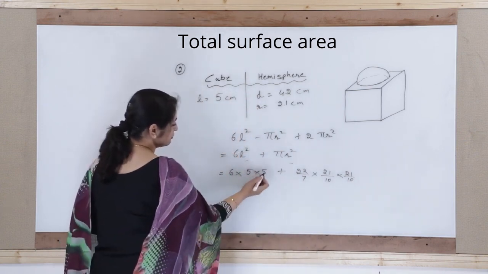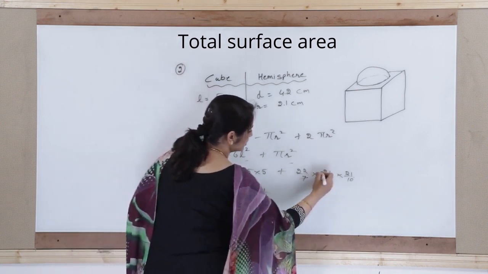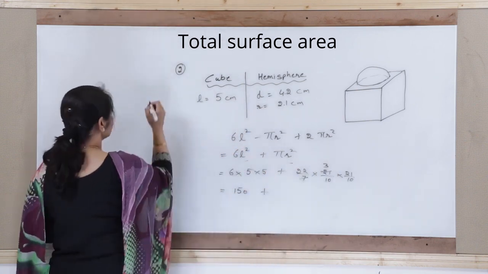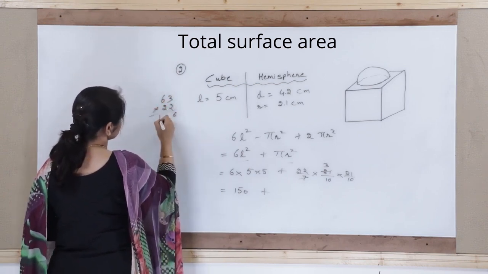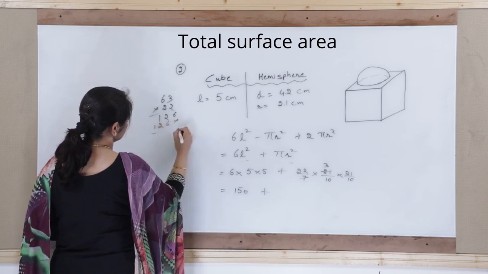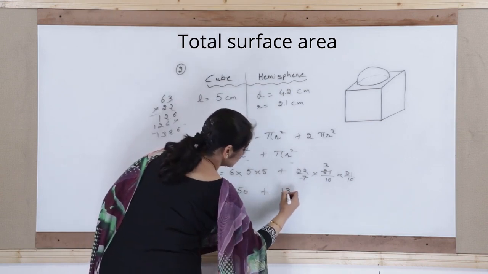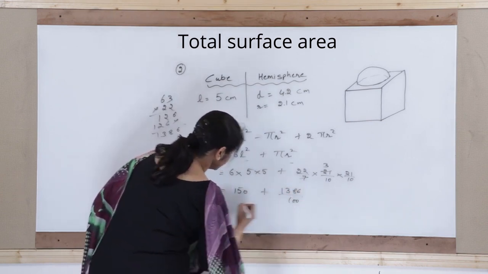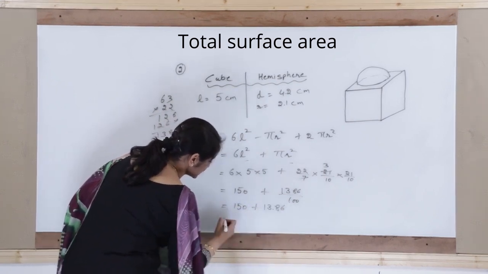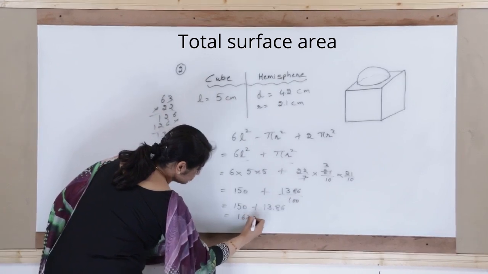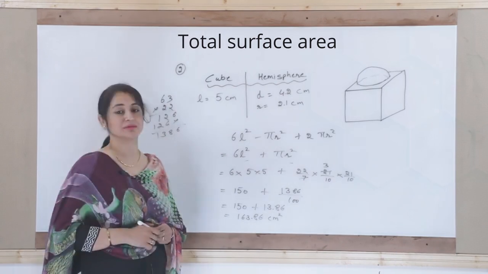Now solving this, 5 5s are 25, and 6 times that gives us 150, plus here we need to multiply: 63 multiplied by 22 will give us 1386 upon 100. So it will be 150 plus 13.86, that is 163.86 centimeters square. That's the area of the block.